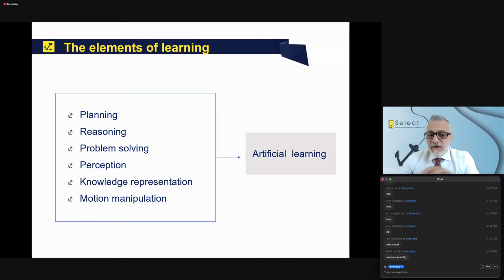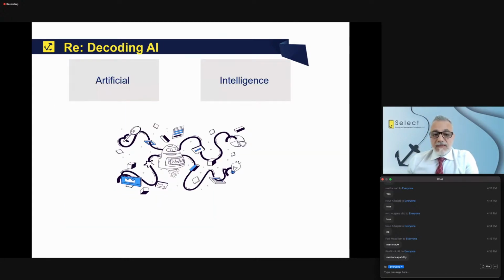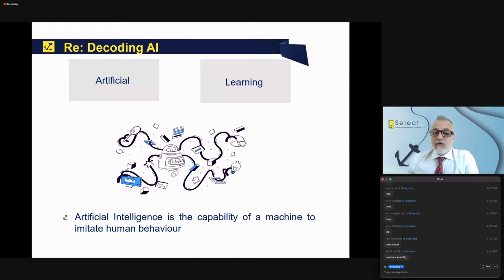So the elements of learning could be planning, reasoning, identifying the facts, problem solving, perceiving something, generating a certain knowledge, and taking decisions. So for artificial intelligence, we could replace it with artificial learning.